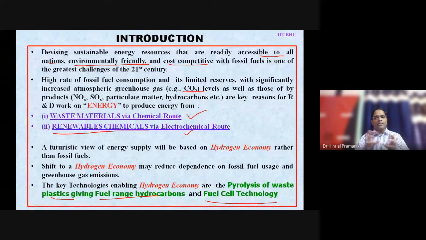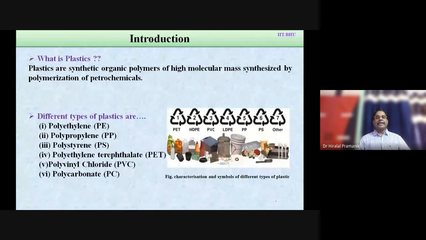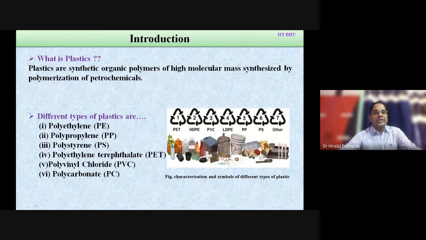So all the monomers we get from different liquid hydrocarbon, petroleum products, and then they are polymerized to get polyethylene, polypropylene, polystyrene, polyethylene terephthalate, polyvinyl chloride, and polycarbonate. All these polymers, right?